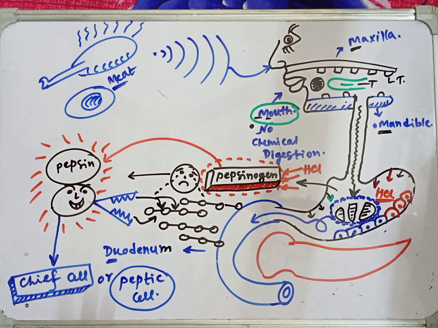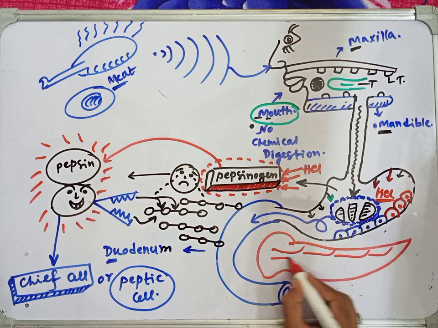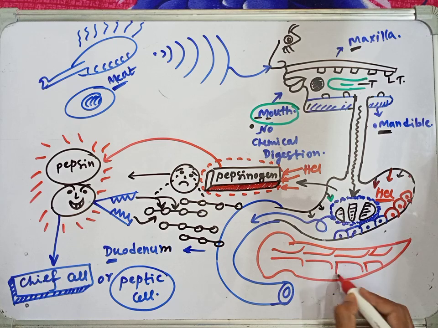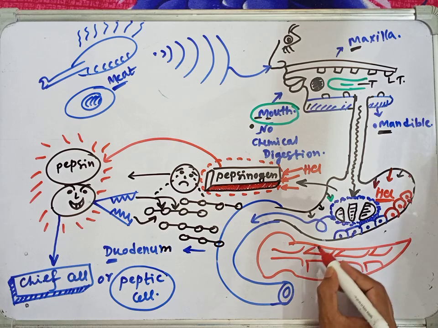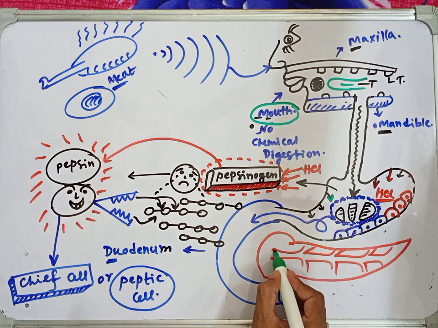This organ is called what? Pancreas, right? And that is the duct of pancreas, and this major duct finally opens into your duodenum, right?